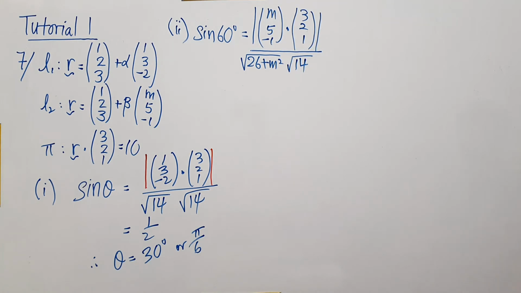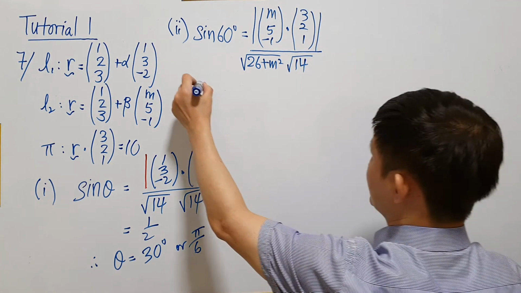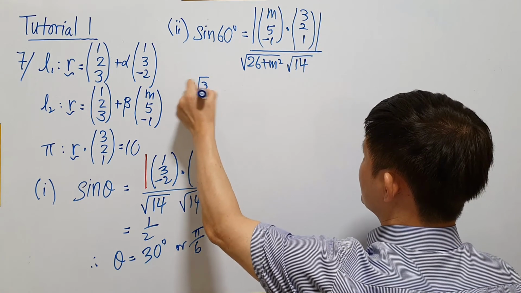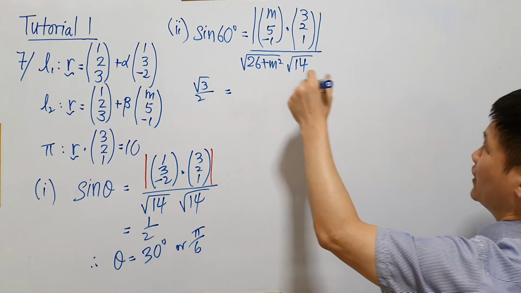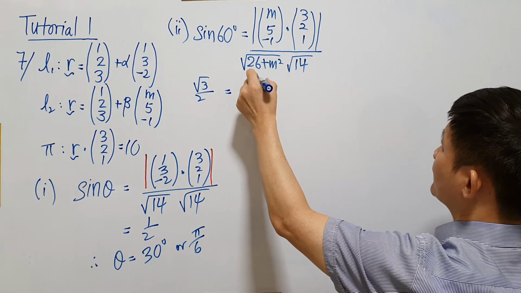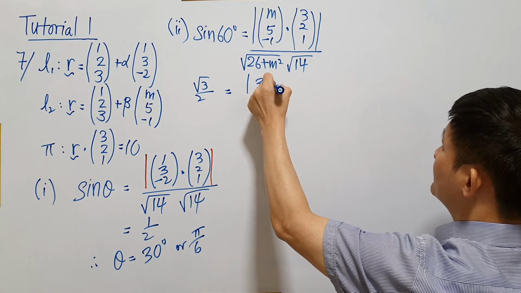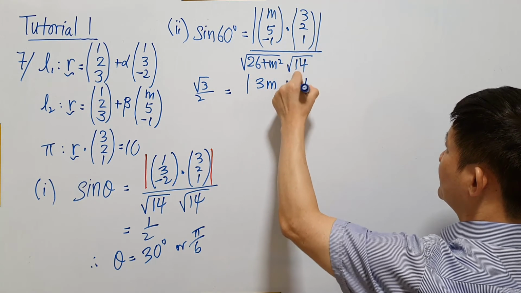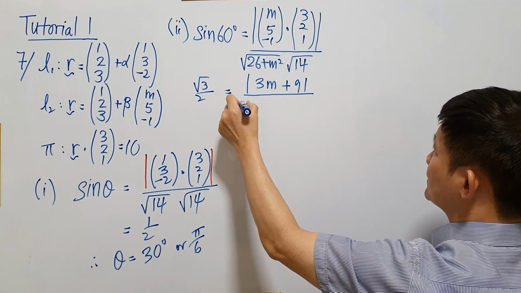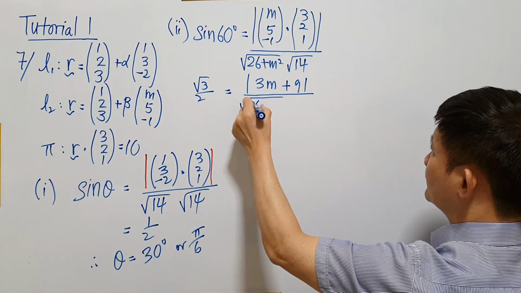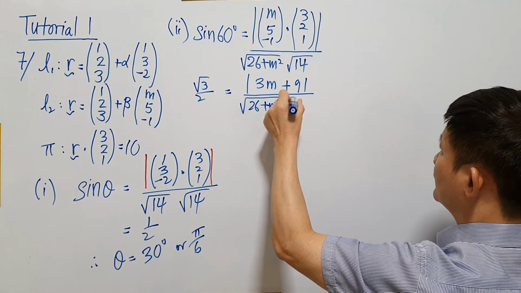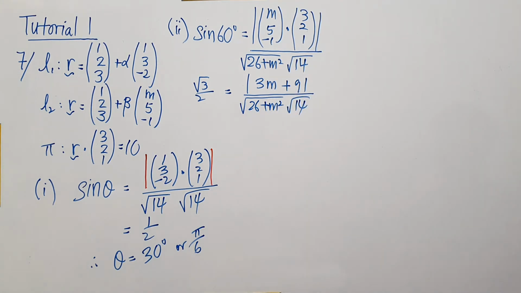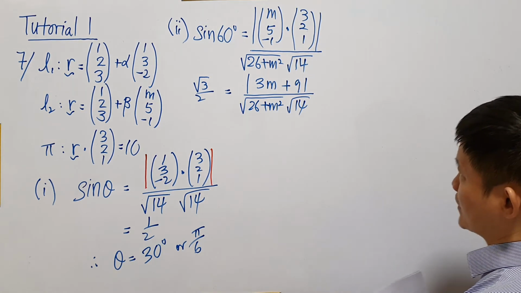How much is sine of 60? Sine 60 is root 3 over 2. And then for the numerator, you're going to get 3m plus 9. From here, in order to solve for m, I intend to square both sides so that I can remove all the square roots.